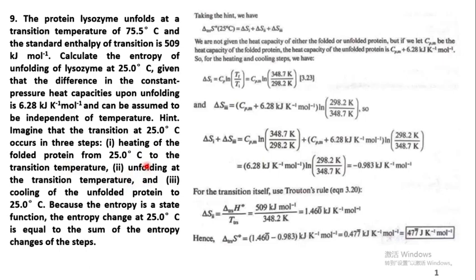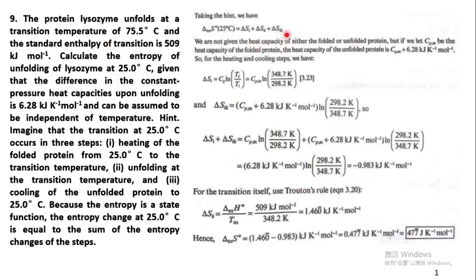And the second process is a thermal process at the transition temperature to do the unfolding process. And the third small process is also a constant pressure process, a temperature-decreasing process to decrease the temperature from the transition temperature to room temperature.